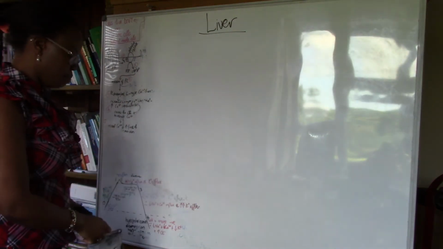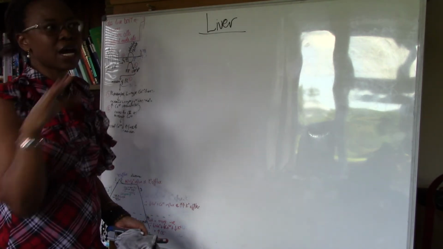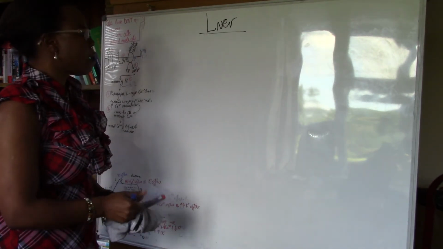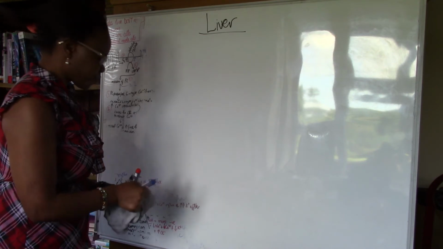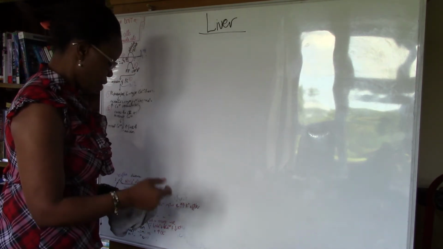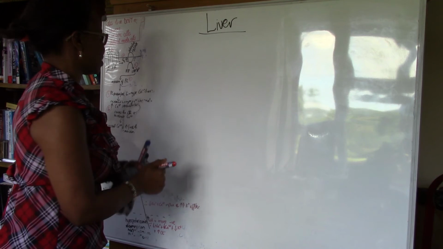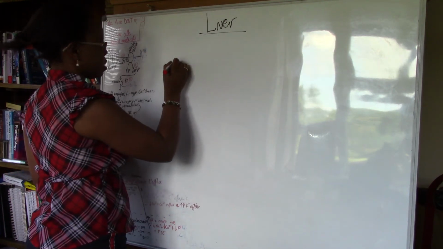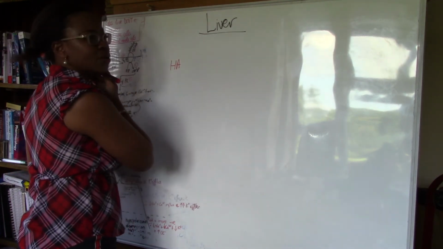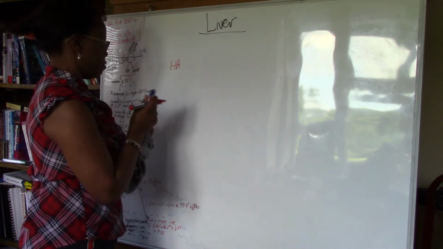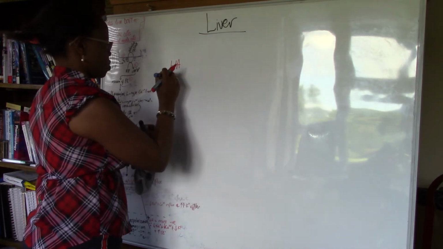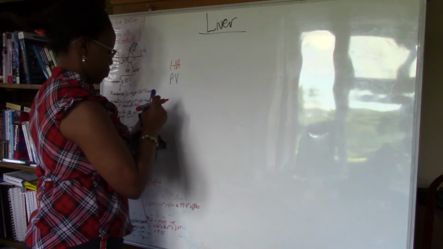And in terms of the structural aspect, I have mentioned that the liver will receive blood from the hepatic artery. So if we say this is the hepatic artery there, it will also receive blood from the portal vein. So this is the portal vein.